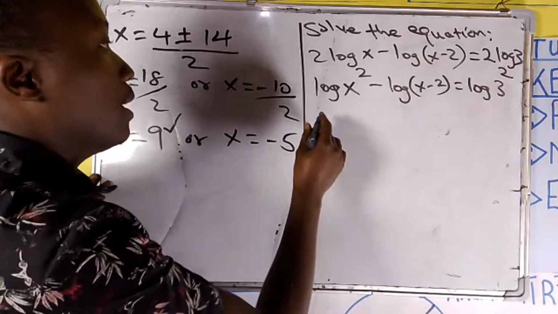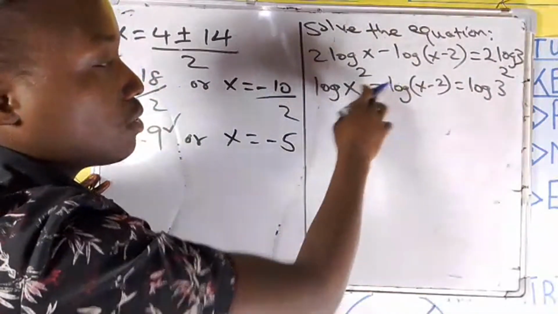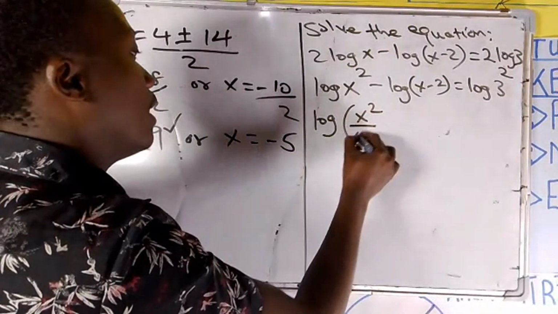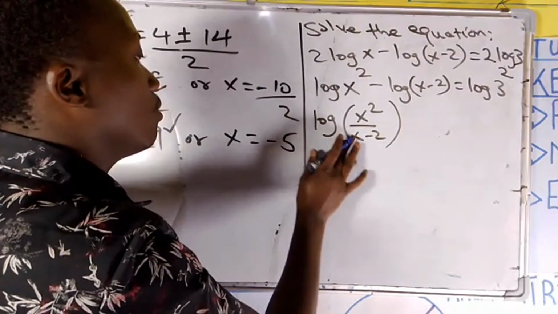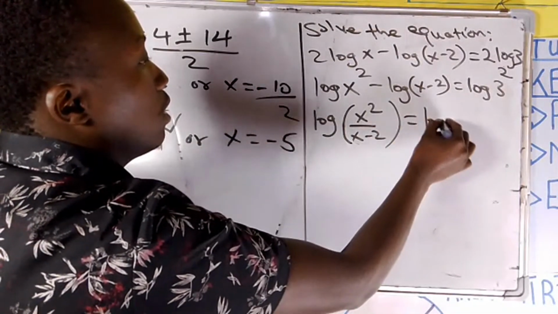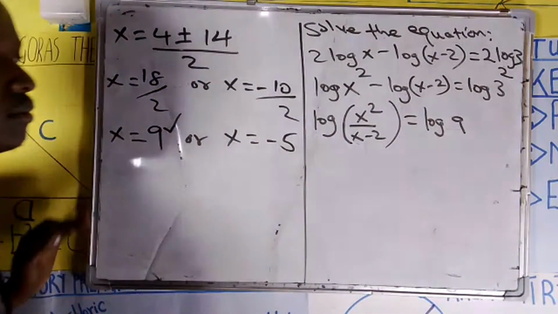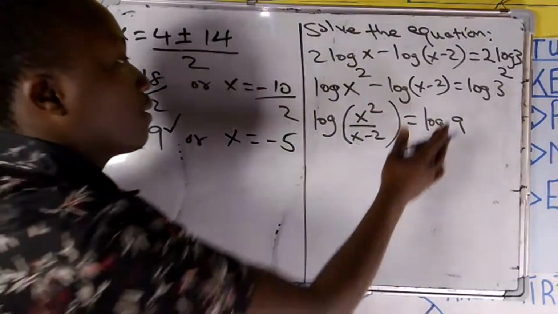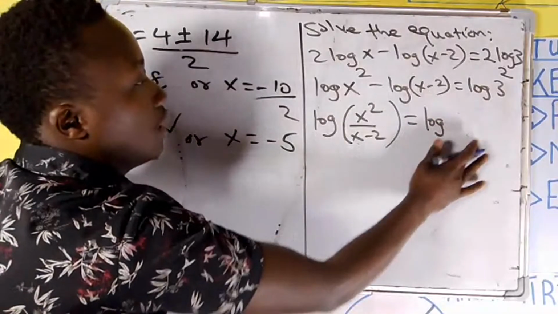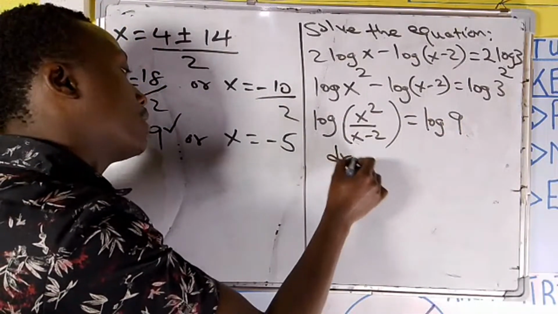So hiyo bado ni kusema hii, ukiona division tulisema unajua ni kuminus, unajua ni kudivide. So itakuwa log into bracket x squared over x minus 2 is equal to log 3 squared is 9. So once we have that, we can drop the logs.